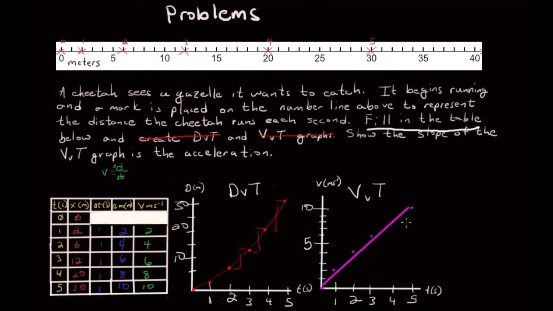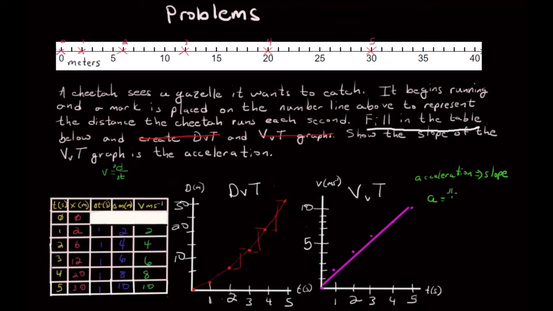How do we do that? We do it as a slope. Acceleration is the slope. So I'm just going to do A for acceleration is rise over run.